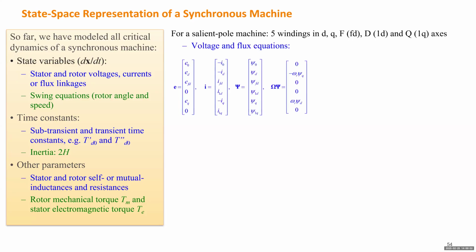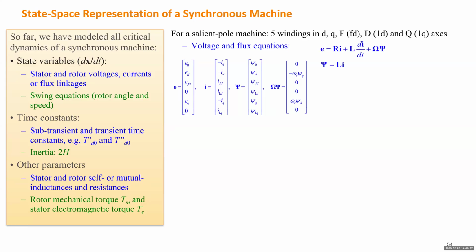Which means each state vector will have 6 elements. In this case, we also consider the 0 sequence. Okay, for balanced conditions, you can take away the first row, then you only have 5 elements in each vector.